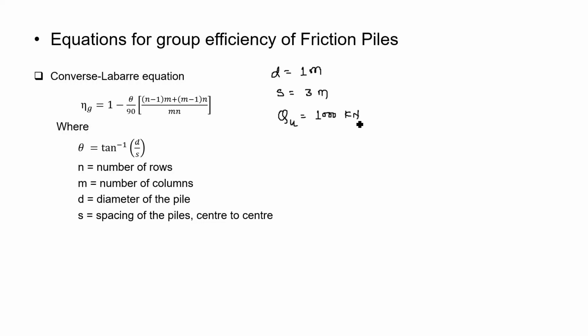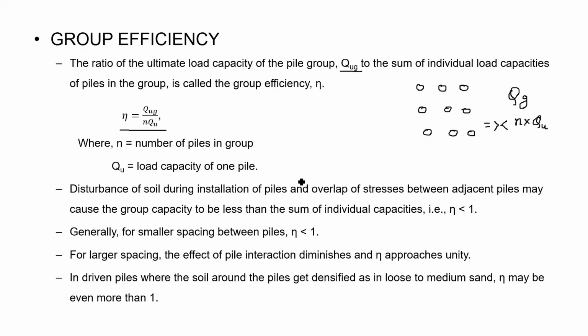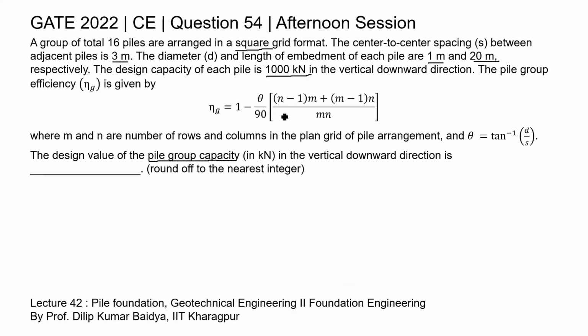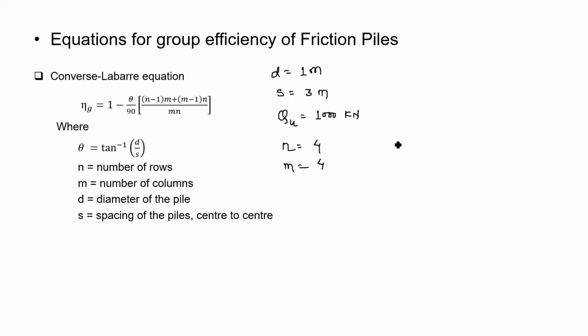The total number of piles is 16, which are arranged in a square. So n equal to 4 and m equal to 4, as all this data is given in the question. Based on this data we may compute the efficiency of the pile group.